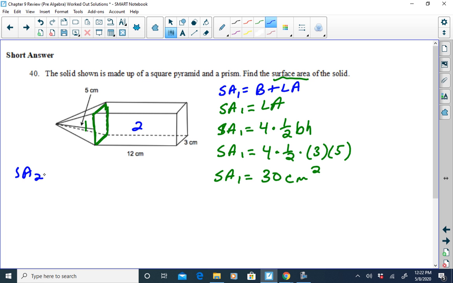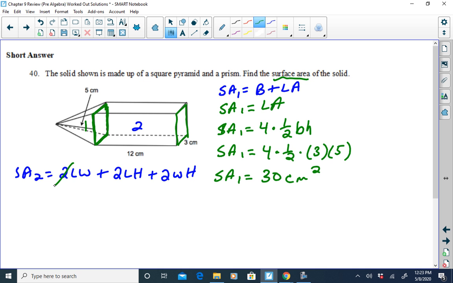Surface area 2. Now, normally, the surface area of a rectangular prism is 2 times length times width plus 2 times length times height plus 2 times width times height. But, once again, this green square here is actually one of, I'm going to trace its mirror image here, that green square on the inside means we take away one of those length times widths.